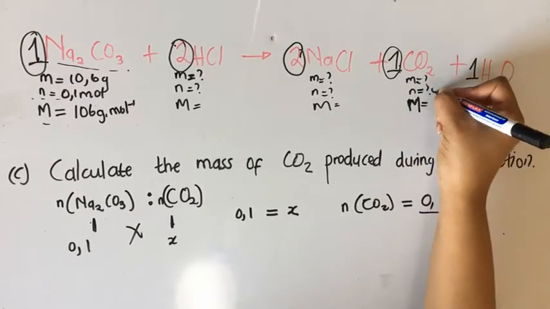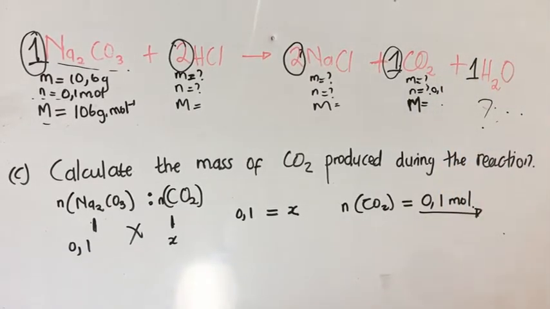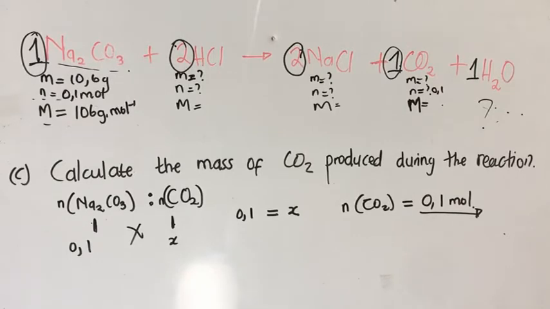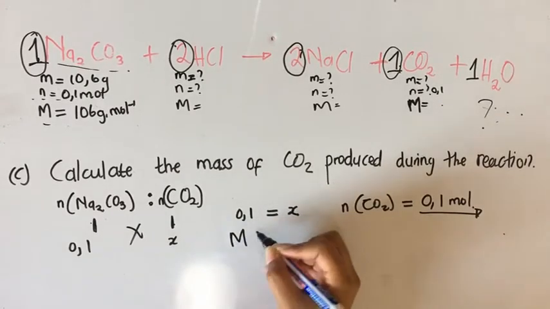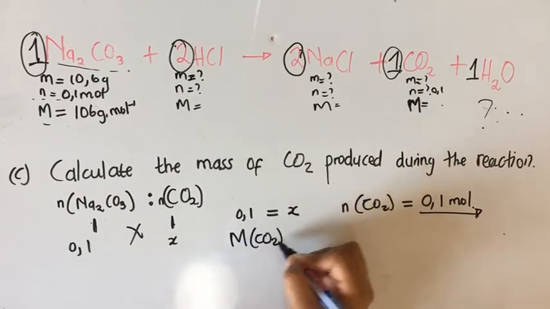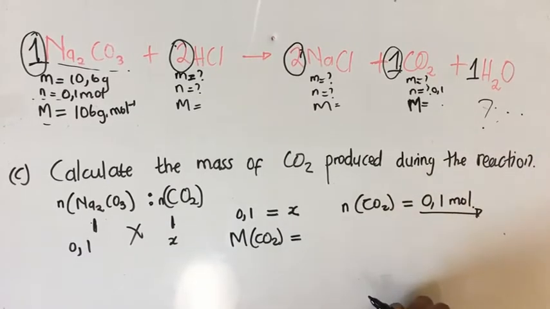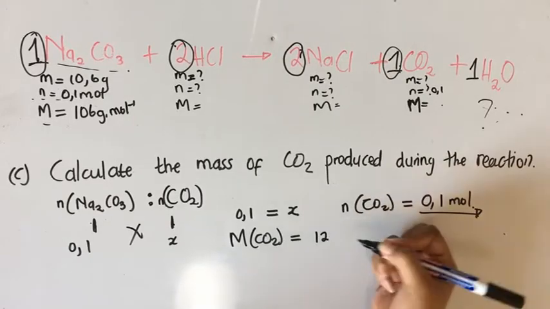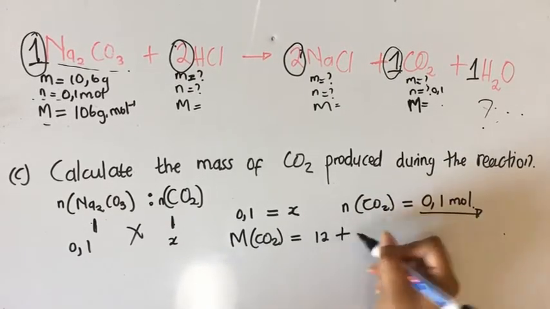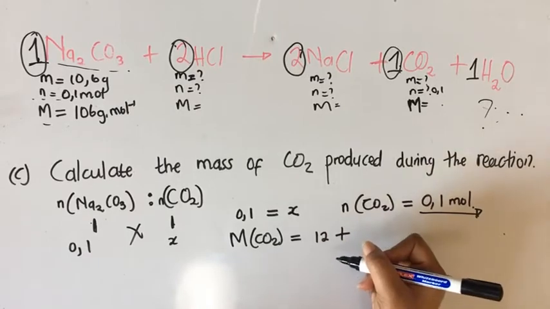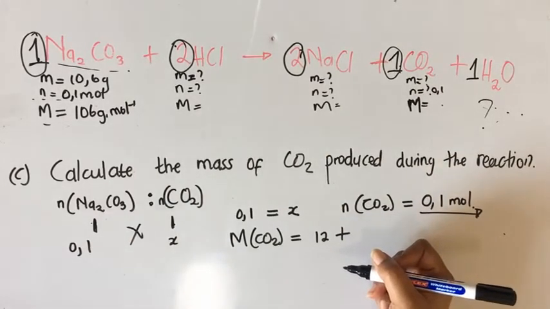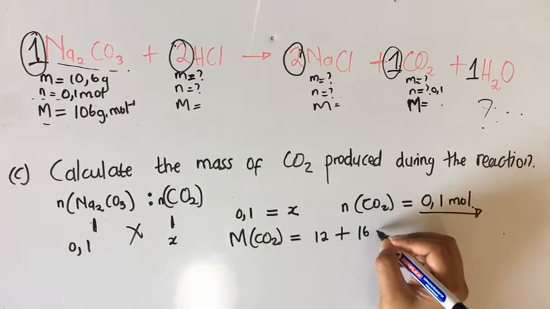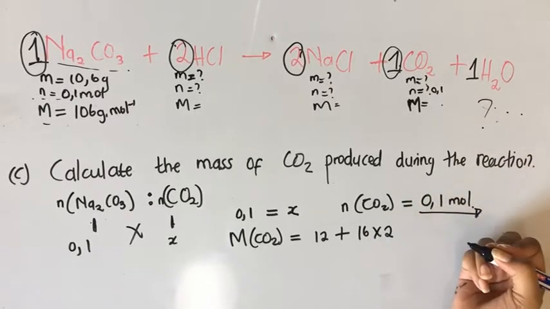Okay, so my number of moles is 0.1. And then now let's calculate the molar mass of carbon dioxide. Okay, so molar mass of carbon dioxide is equal to atomic mass of carbon, which is 12, plus atomic mass of oxygen, which is 16, multiplied by 2.